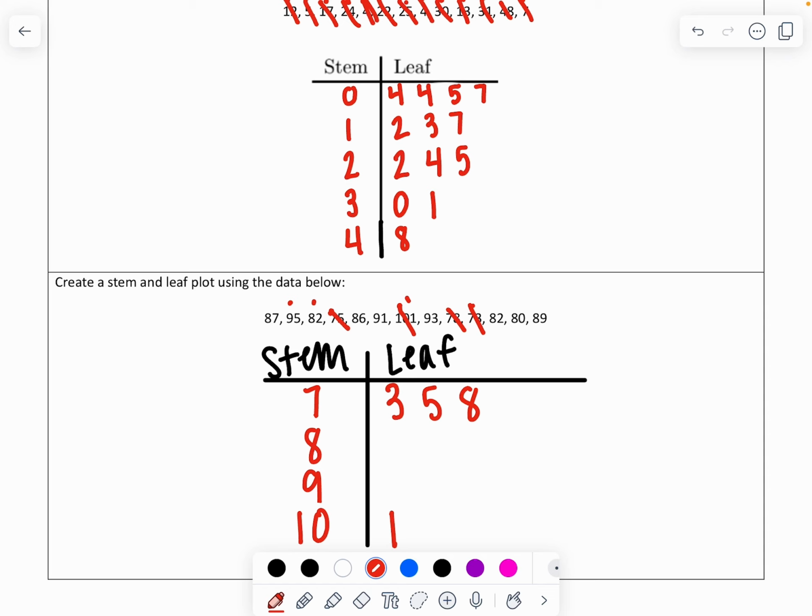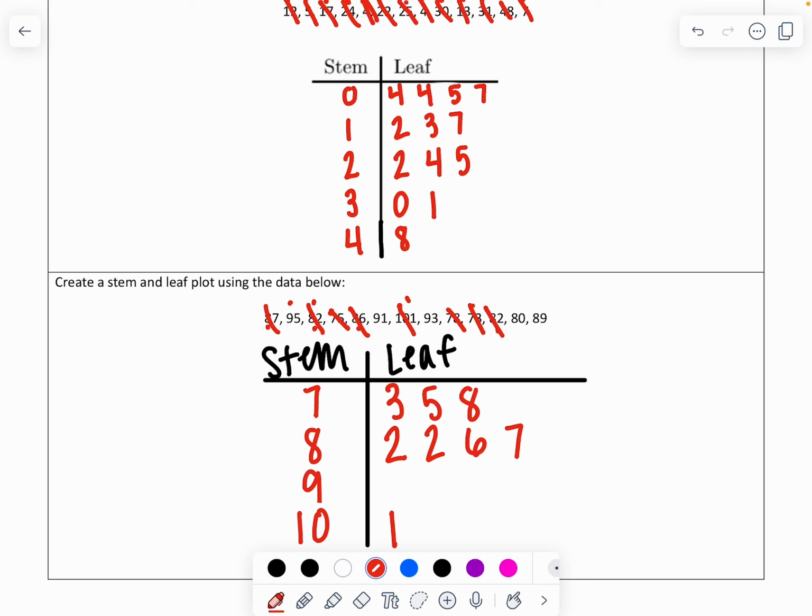And then my 8s, I have 87, 82, 86, and 82. So I have 2 82s, so I just put it twice. So 2 and 2, and then 86 and 87, so put a 6, and then a 7. Make sure you're leaving space so you don't get them confused.